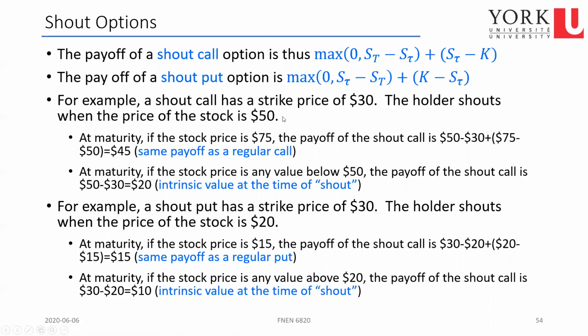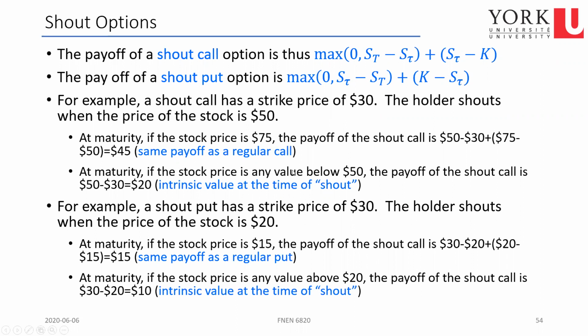Now, if that is the case and at maturity the realized price is 75, this is the same payoff as a regular call, because the realized price is higher than the short price.